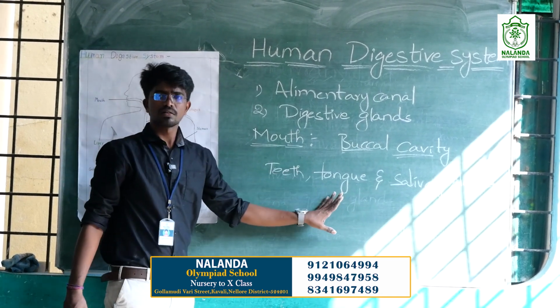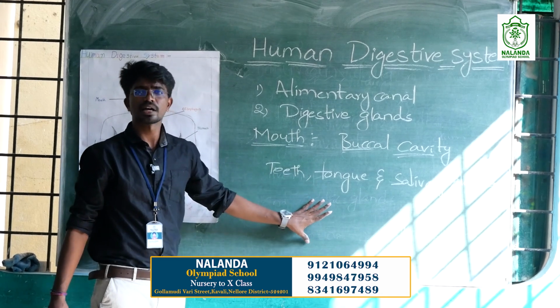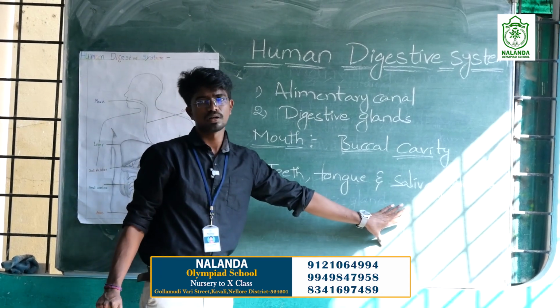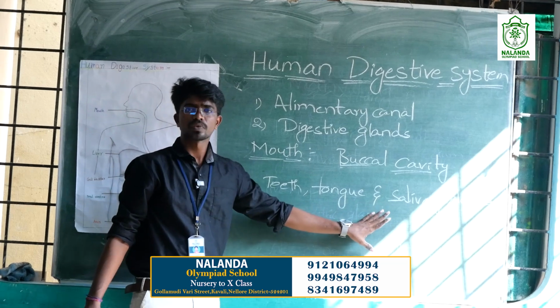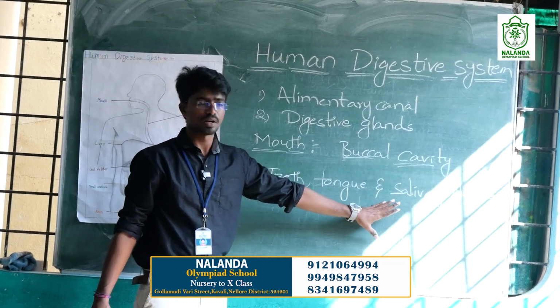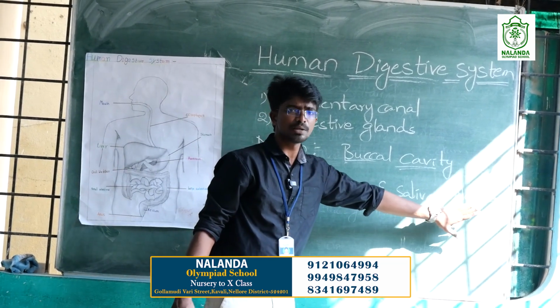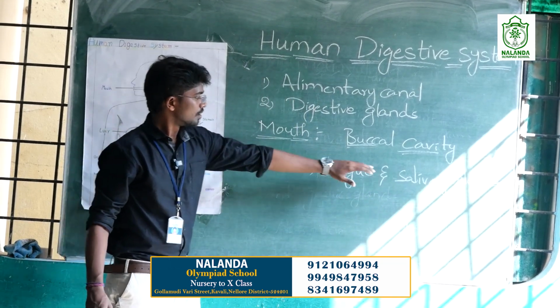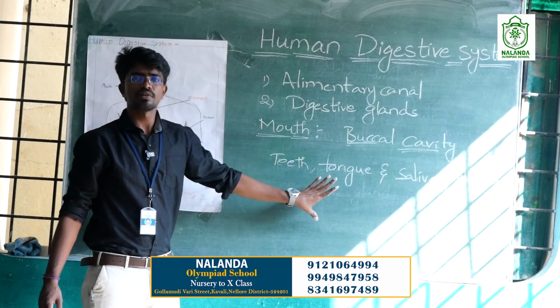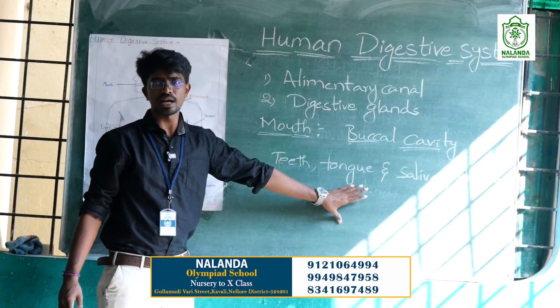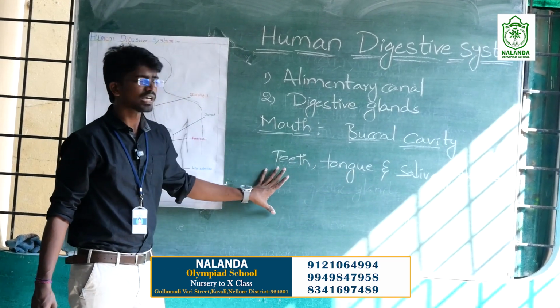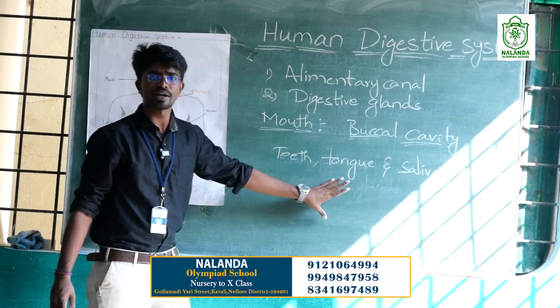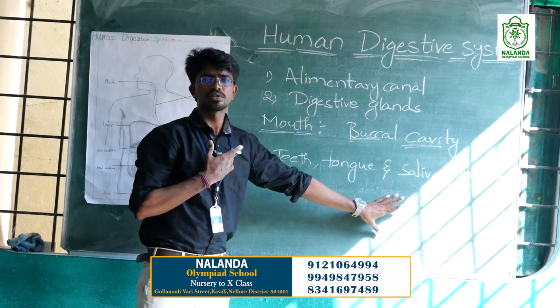Teeth help to grind or chew the food, and the tongue helps in mixing the food, and the three pairs of salivary glands secrete saliva, and saliva contains salivary amylase, which helps in the conversion of carbohydrates into simple sugars.